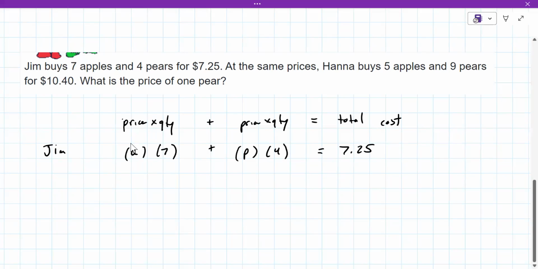So Jim buys 7 apples. There's the 7, there's the 4 pears. Total cost is $7.25. Will you attempt to write the equation for Hannah? Sure.